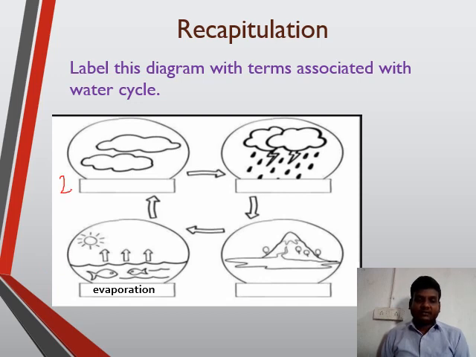Second one, this one. What do we call it? Yes, this is condensation. Third one is called precipitation. And the last one, the fourth one, we call collection. I hope it is clear to you.